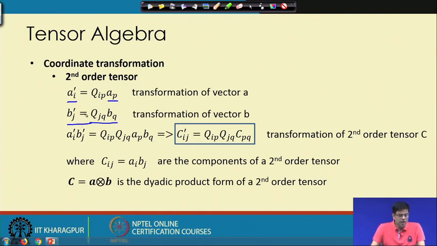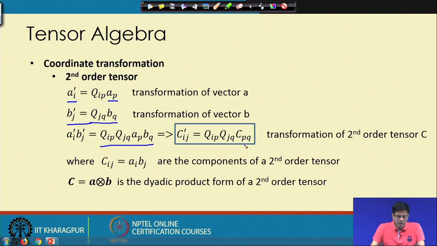Now, if I want to transform the tensor obtained from these two vectors, I can simply multiply ai prime and bj prime, and we have to keep in mind that this is two times. If I say ai prime and bj prime give cij prime, then it looks like this. This is the transformation formula for the second order tensor.